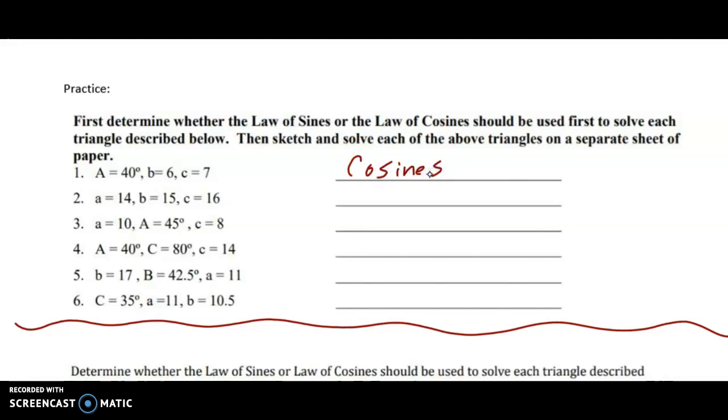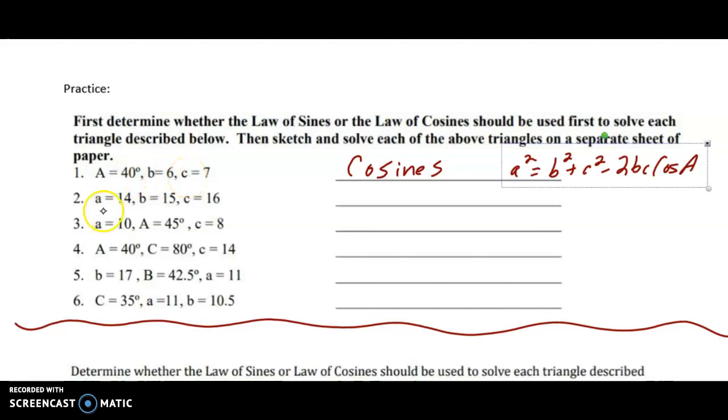And when you go to set this up, because the angle that you have is angle A, you're going to start with the one that reads A squared equals B squared plus C squared minus 2BC cosine of A. So that's how you pick. It depends on what angle you have.